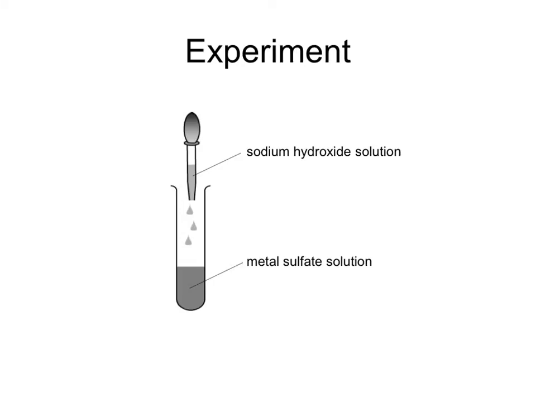So the experiment that you may have done at school involves adding dilute sodium hydroxide solution, drop by drop, to a solution of, for example, a transition metal sulfate or transition metal nitrate, or some other solution that contains the dissolved transition metal.